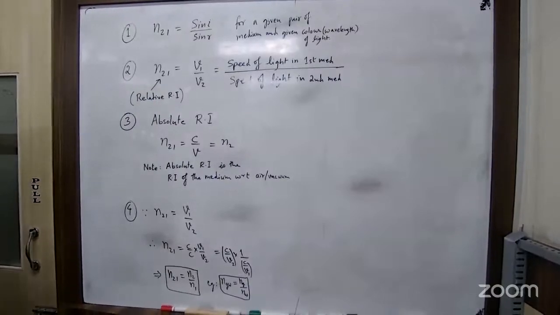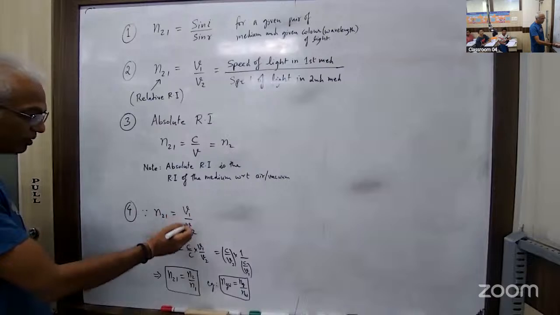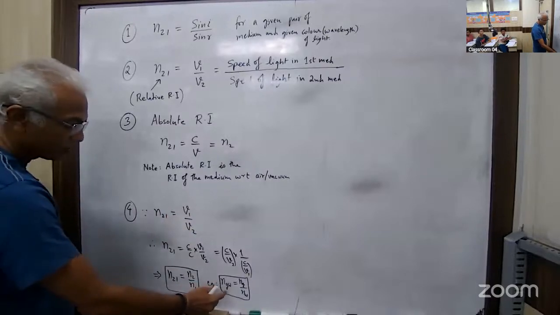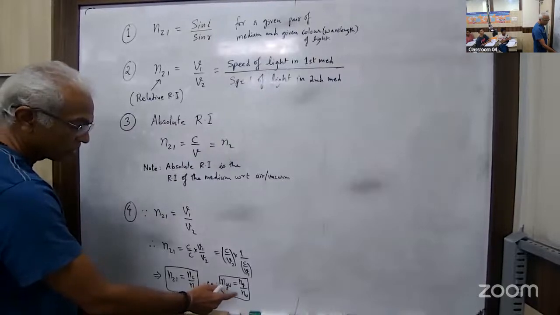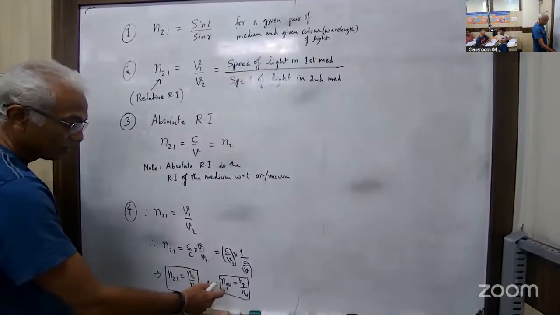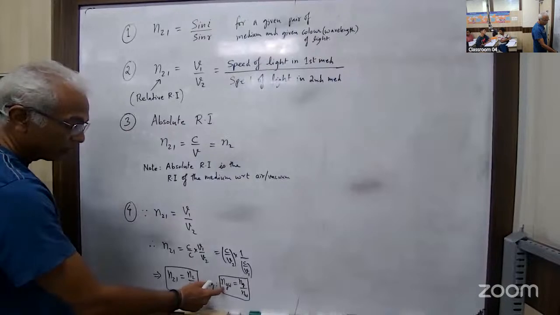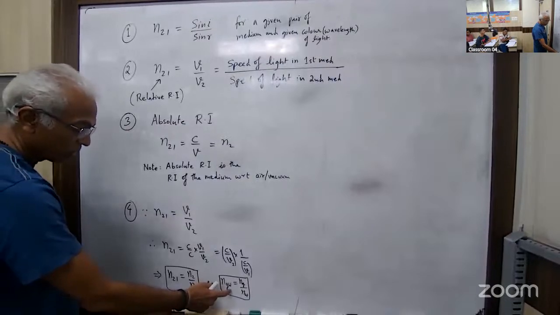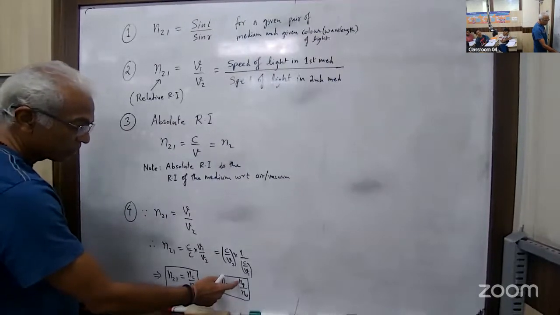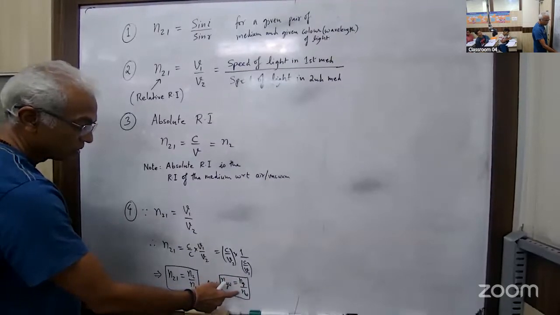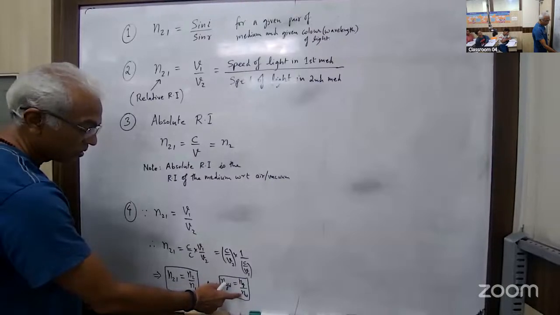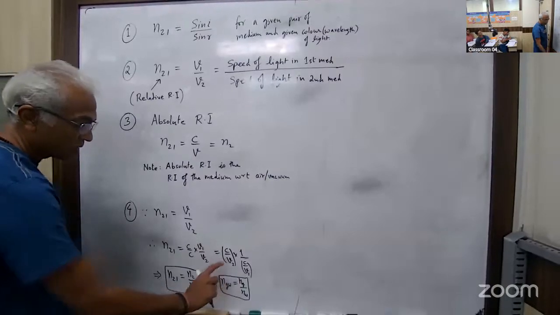So now we have V1 by V2, because we may not always get air for relative refractive index. We may have glass and water, so there is no air in this. The relative refractive index of glass with respect to water is given as the ratio of the absolute refractive index of glass to the absolute refractive index of water.